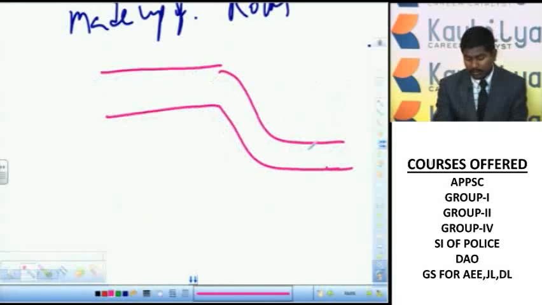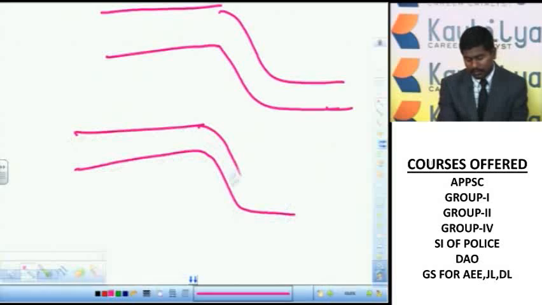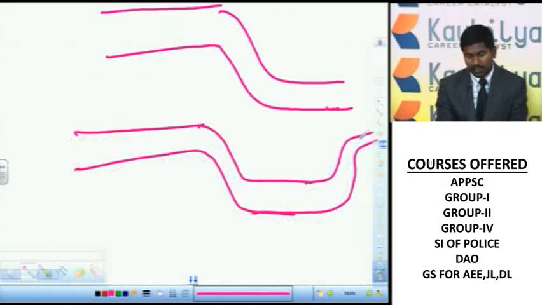This is the portion where the continents lie, and this is the portion where the oceans lie. So on the earth surface you can see the continents as well as the oceans.